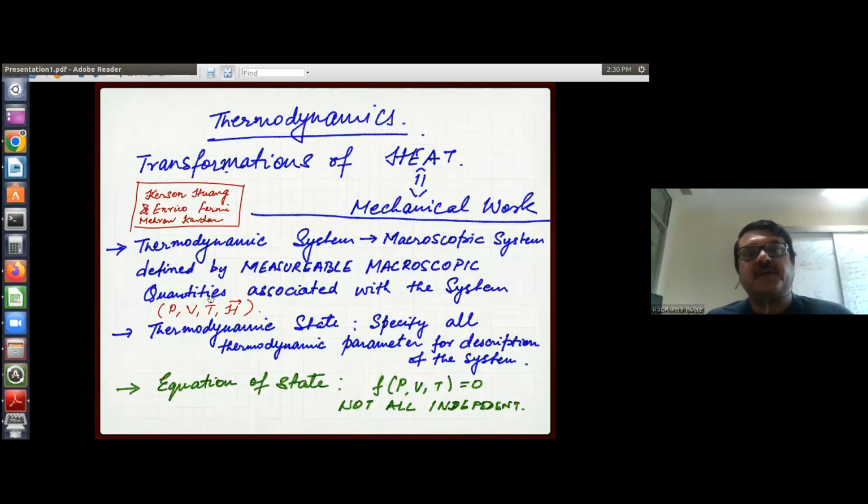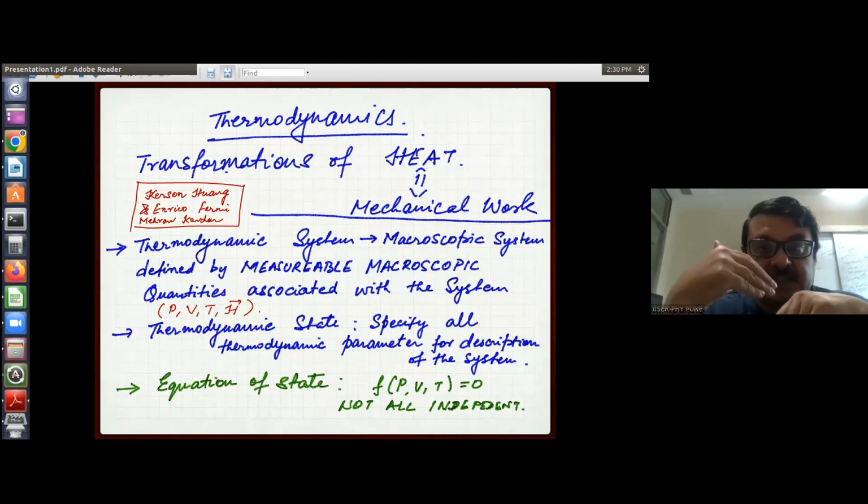But today we'll be discussing a brief overview of thermodynamics, which deals with transformation of heat. You heat a gas, and such that the gas expands and pushes some piston, and you get mechanical work out of it. So that's why thermodynamics was developed, right?